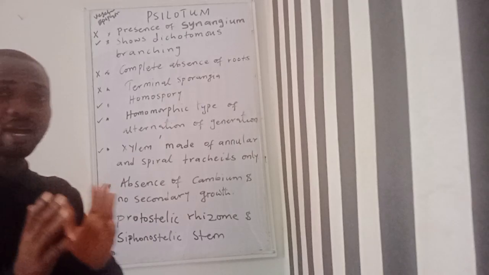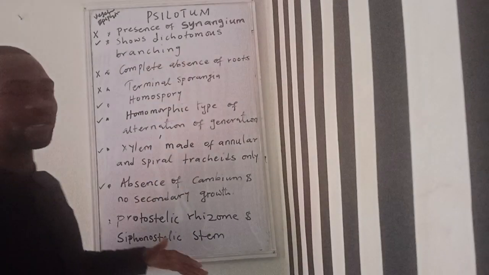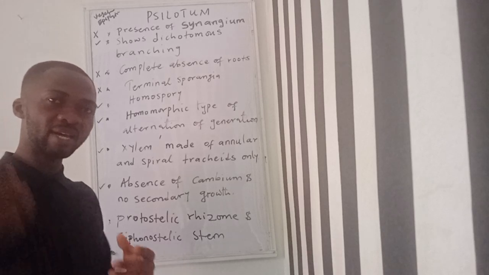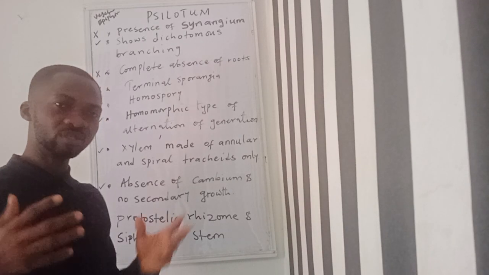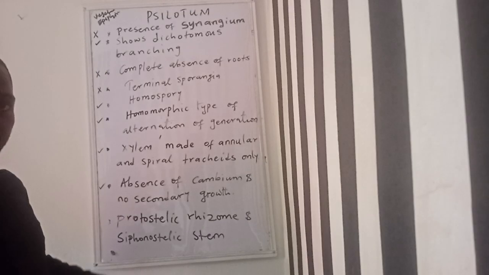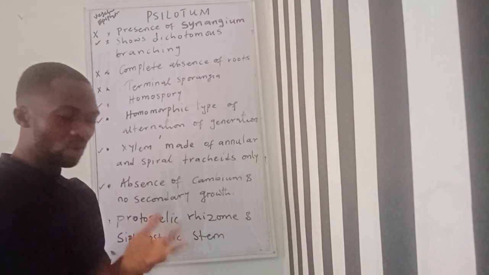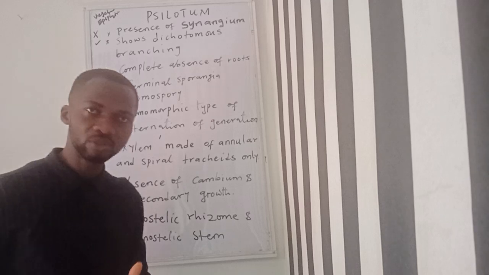The ones I just mentioned are not listed here, and that was why I started with them. I will now begin to look at the ones I've listed here. So remember, the first three I've just mentioned. One, monoecious gametophyte.